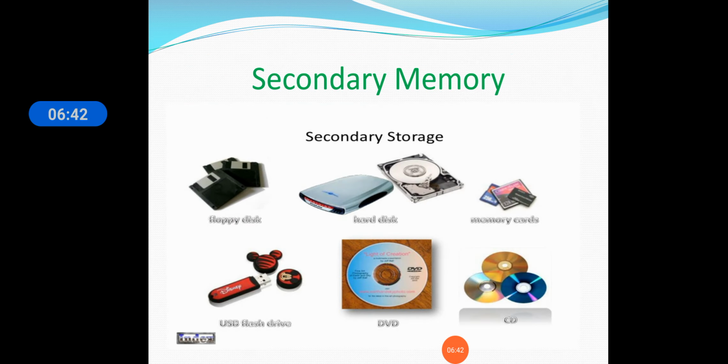Now the next point which we are going to learn is secondary memory. You can see in this picture floppy disk, hard disk, memory card, USB, pen drive, DVD, CD. These are all the types of secondary memory which are used for additional storage. Now let us see what is secondary memory.